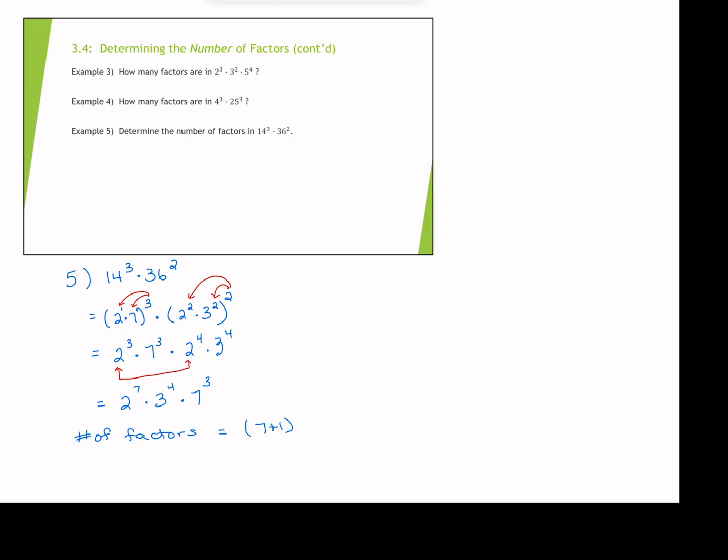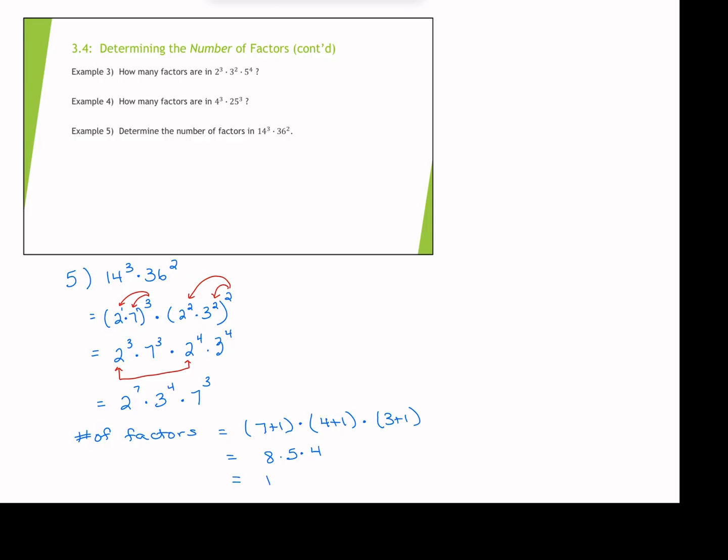Again, you're adding one more option because you have, let's say, 2 to the power of 0, if you want to think about it that way. We also have 4 plus 1 options for your base 3, and we have 3 plus 1 options for your base 7. So this total becomes 8 multiplied by 5 multiplied by 4.